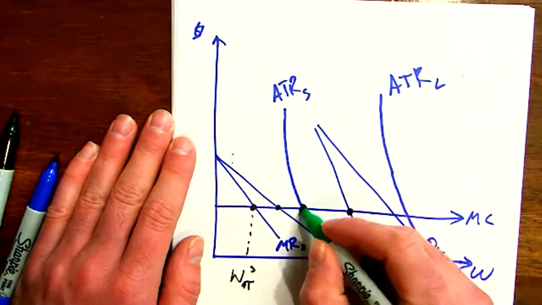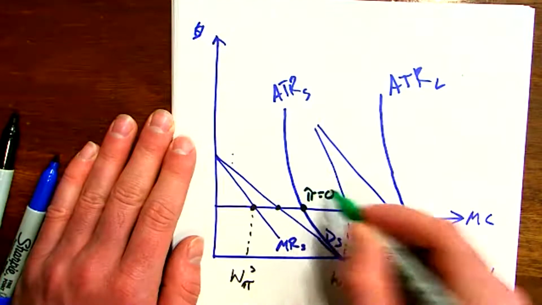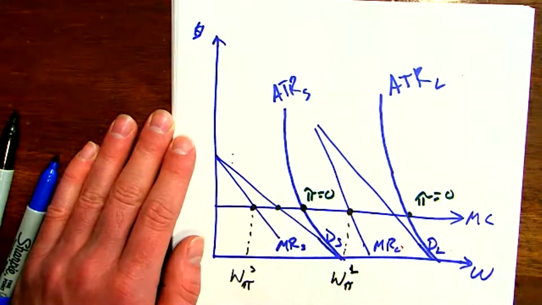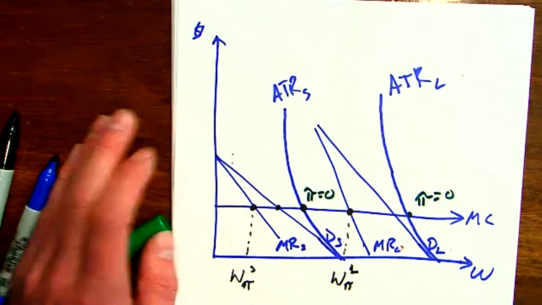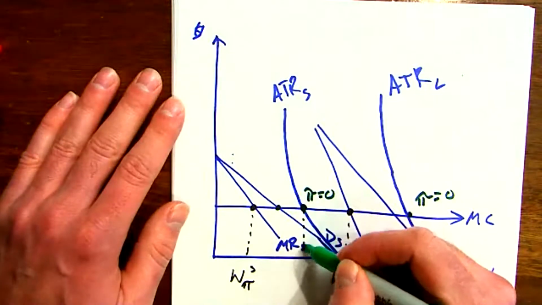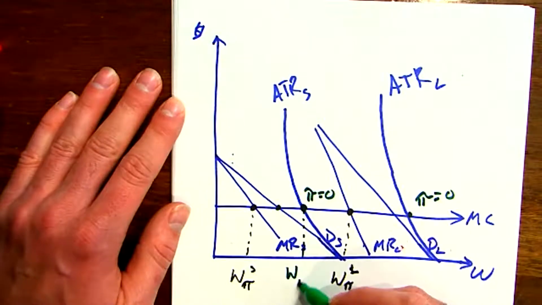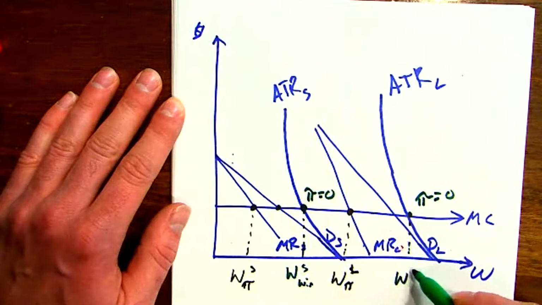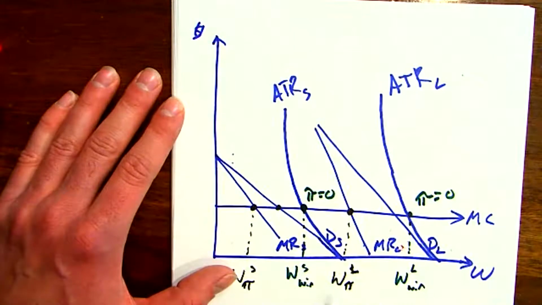Now, profits aren't equal to 0 until we get out to this point where the average total revenue curve is equal to the marginal cost. Sorry on Zoom if you guys are hearing those cars. Okay, so you think about here, I mean, it's hard to say whether or not that gap is any bigger or any smaller than the gap between the profit maximizing points, right?